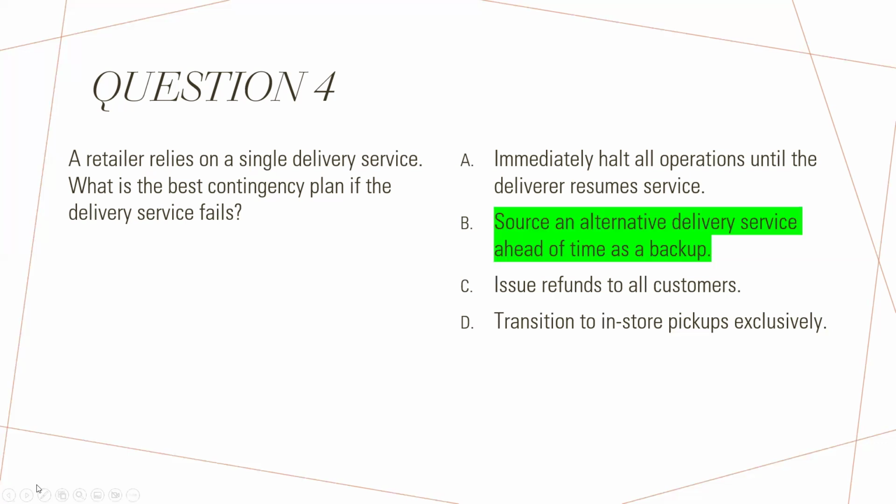The switch to in-store pickup may work, but what about the inbound delivery? Should we arrange someone to go to the supplier side and pick up the things, and whether we have sufficient manpower and resources for that? The best alternative here is, of course, another delivery service.